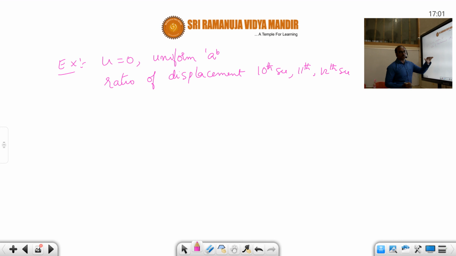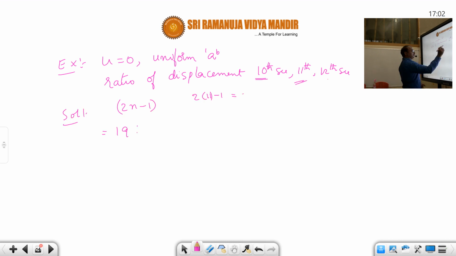Next n equals 11, 2 into 11 is 22, minus 1 is 21. Then n equals 12, so 2 into 12 is 24, 24 minus 1 is 23. This is how you can calculate using the 2n minus 1 formula. So understood? Now we'll see another question.